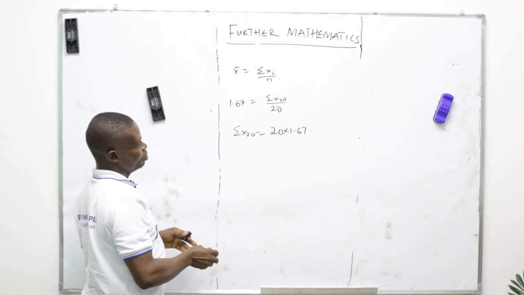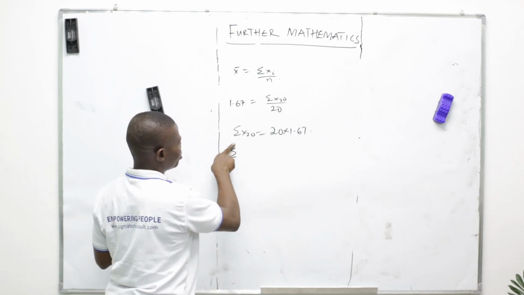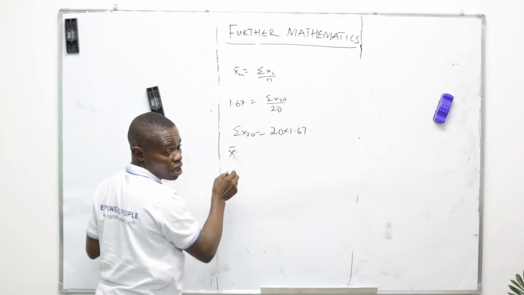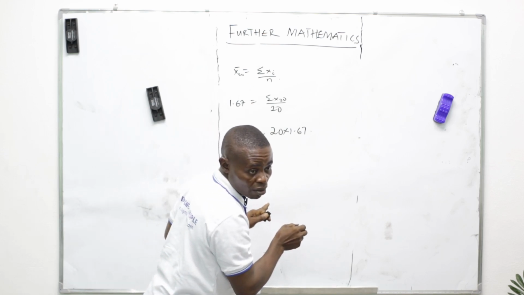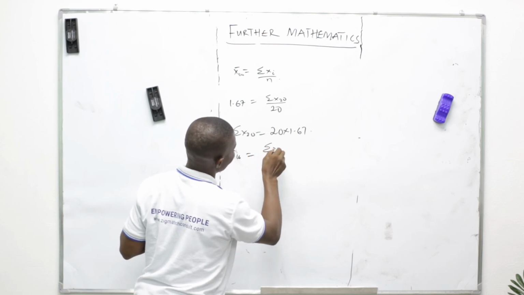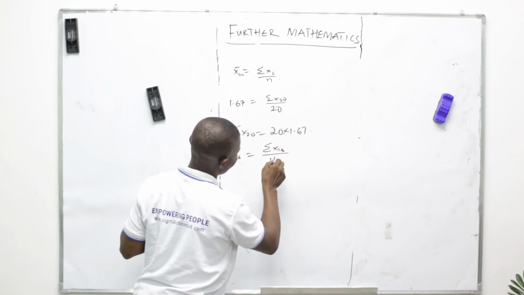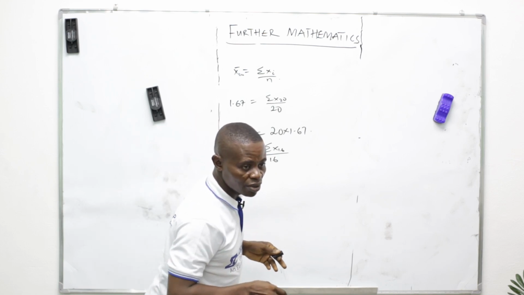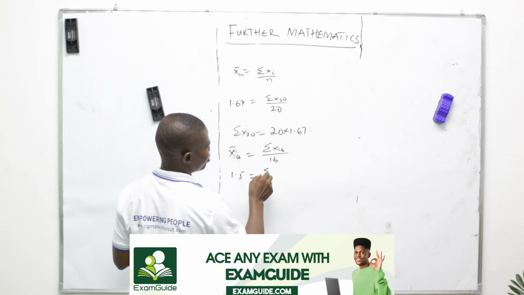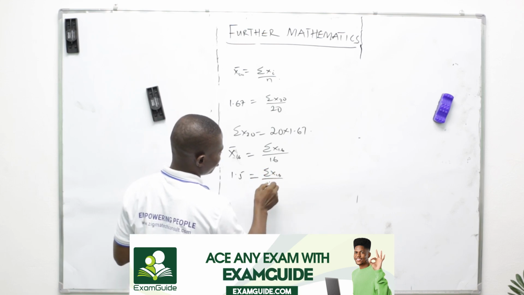Then for the 16, the mean is 1.5, so 1.5 equals summation x16 all over 16.